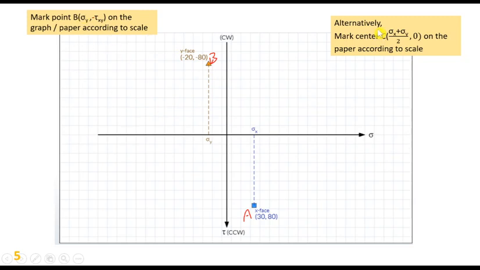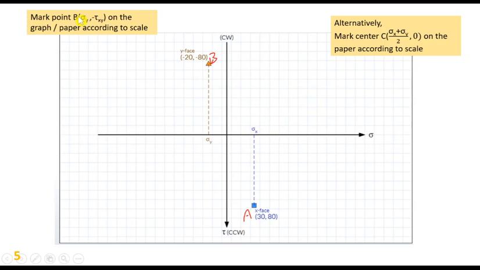Another way is, alternatively, we can mark the center C having coordinates sigma x plus sigma y by 2, the average of the normal stresses, comma 0, because it should be on the sigma axis. On this axis the value of tau will be 0, according to scale.